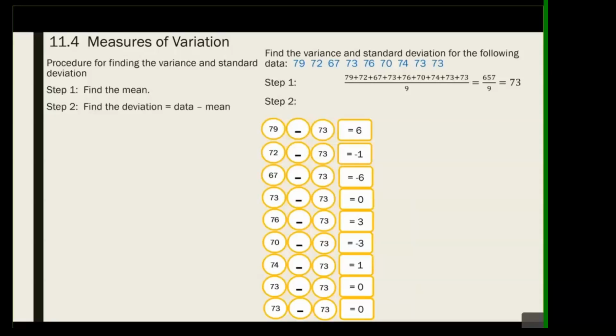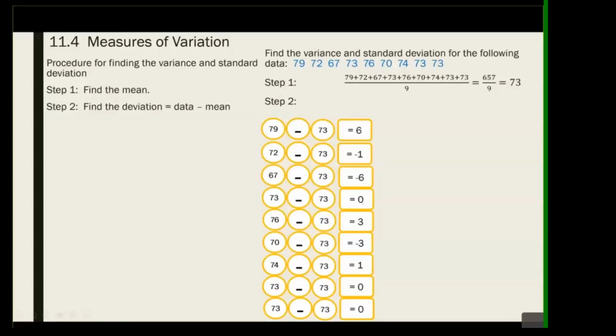And later on, you will see that at step 2, if you add all of your deviation up, it will be equal to 0, because it will always have to be equal to 0. If the deviation is 0, you are at the mean.